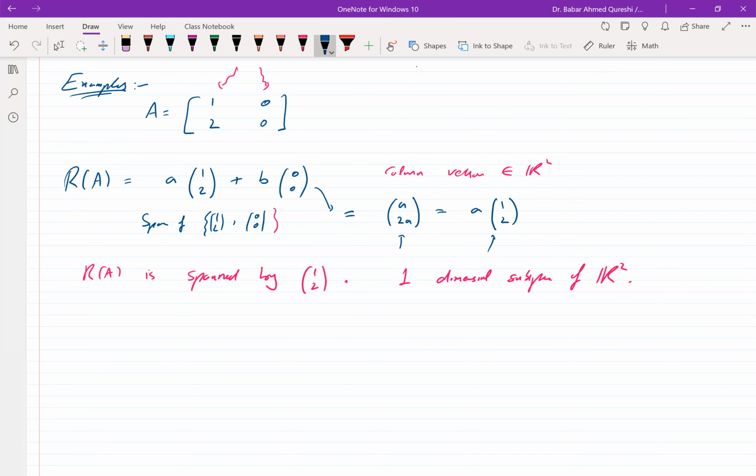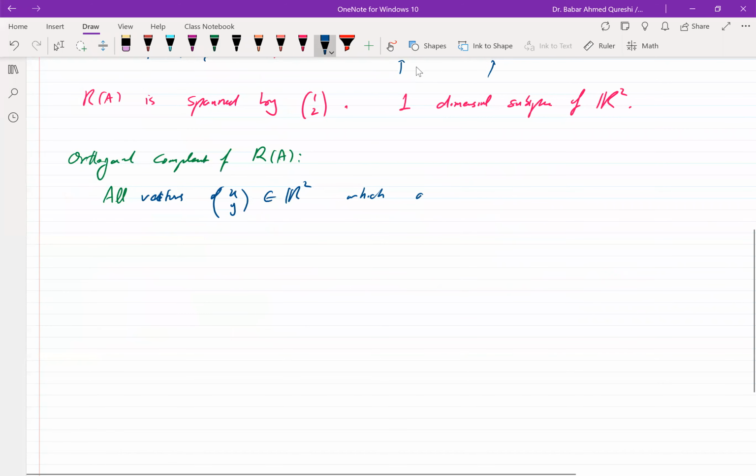Now, what is the orthogonal complement of it? Of R of A. So now you are looking for all vectors, arbitrary vectors from your space, which is R2, which are orthogonal to all vectors in this space.